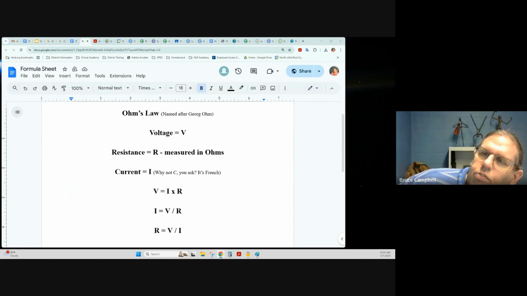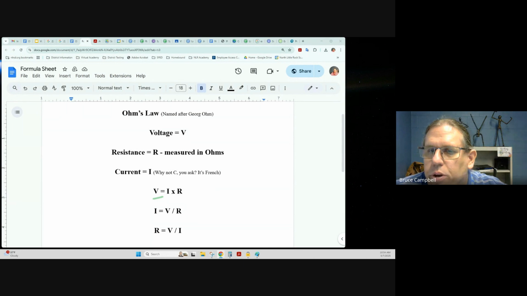So if we're wanting to find voltage, and we know current and resistance, we multiply current by the resistance and get voltage. Voltage equals current times resistance.